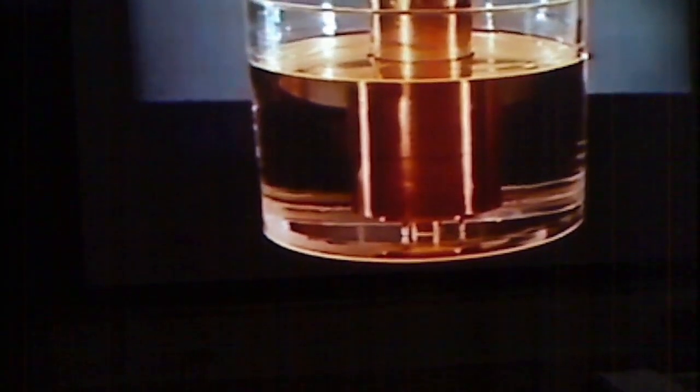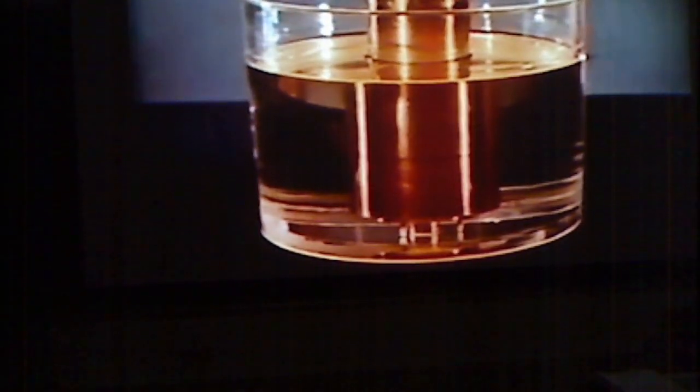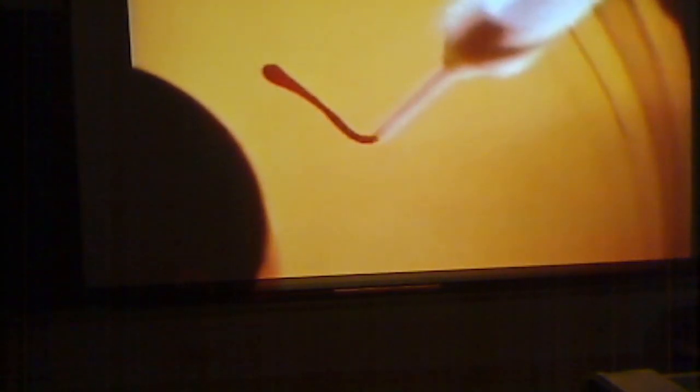There's a worse one. To see what happens, we have a second apparatus that is filled with syrup. It has a wider gap, and we can look down on it. A little colored syrup is injected to mark the fluid. Oh, God.